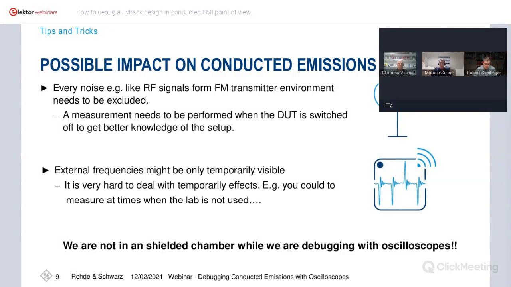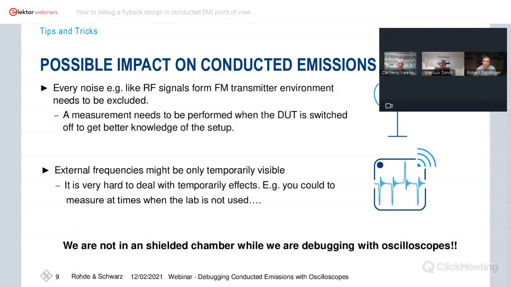More difficult is that these effects can also be temporarily visible. A good example is if your colleague is switching some high currents, some high di/dt, it can easily be transferred to radiated emissions, and this could also impact your noise.